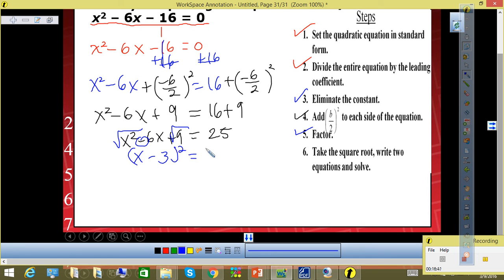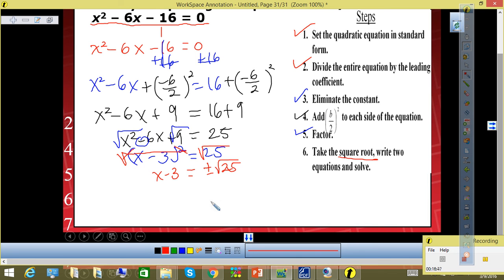So this is squared, equals 25. We need to solve for x, so we need to cancel that square. What do we do? Square root. This cancels this, and we do the same to the other side. We're left with x minus 3 equals plus minus square root of 25.